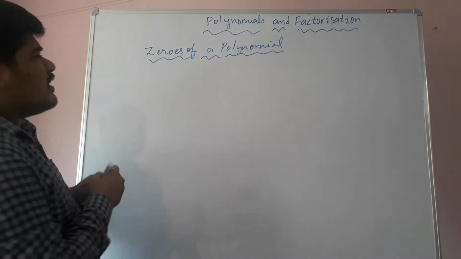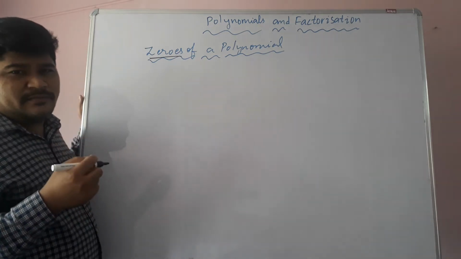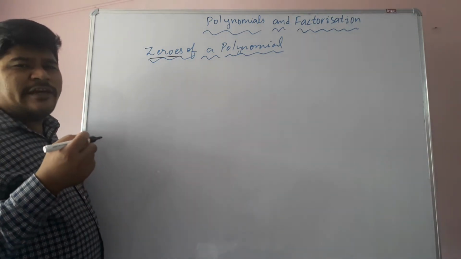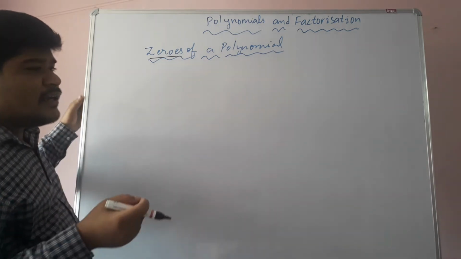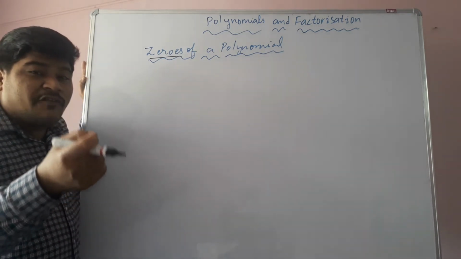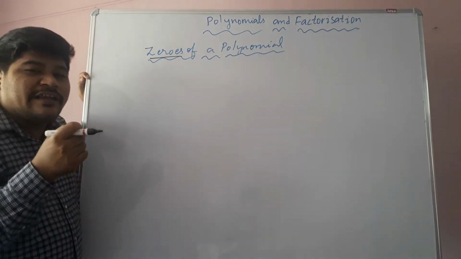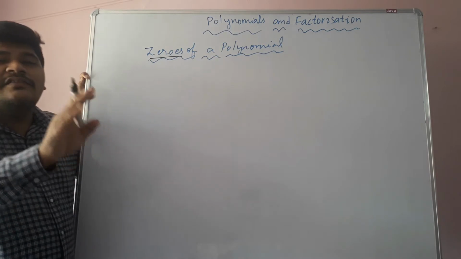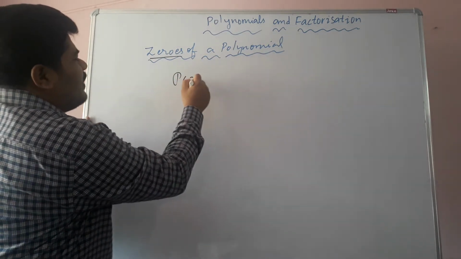So students, zeros means, if you take a polynomial in one variable x, suppose, then the value of x which makes the polynomial value 0 is called a zero of the polynomial. So you take one polynomial p of x.